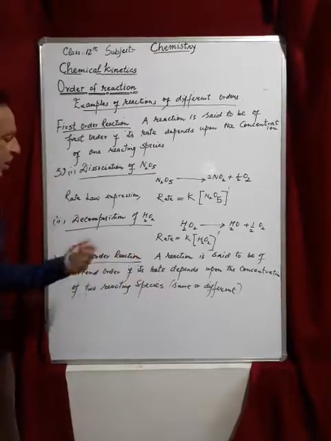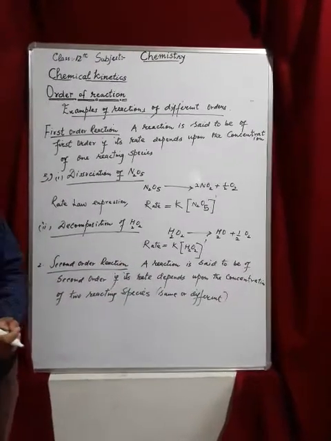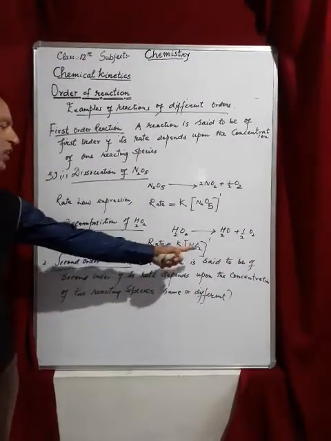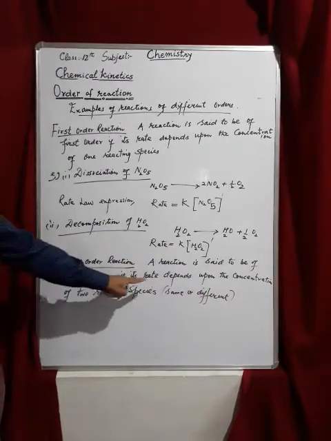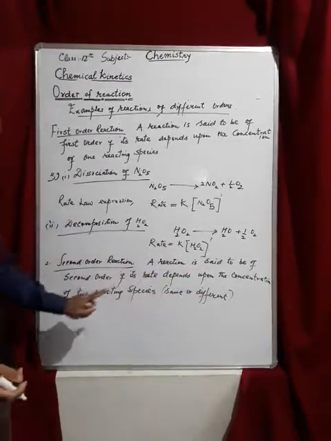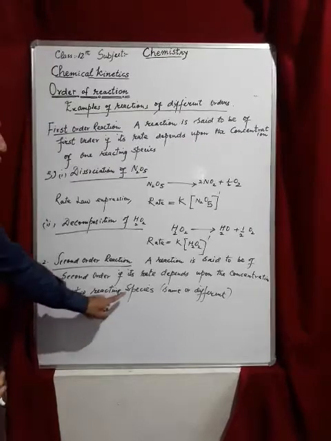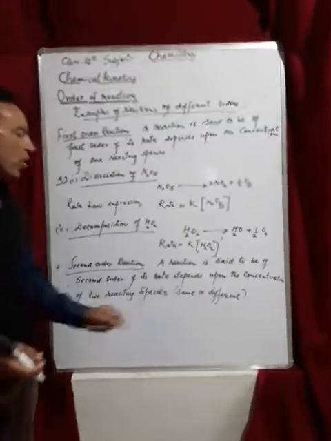So we define a second order reaction like this: a reaction is said to be of second order if its rate depends upon the concentration of two reacting species, same or different.